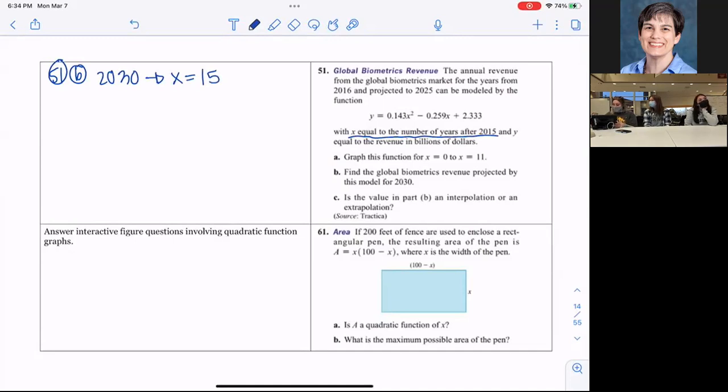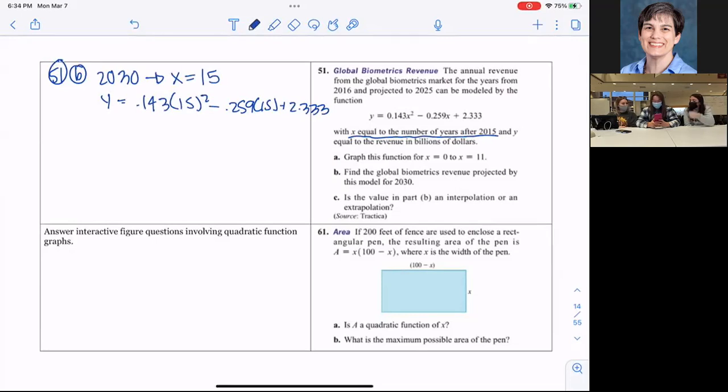Now we're just going to plug that into our equation. So y equals 0.143 times 15 squared minus 0.259 times 15 plus 2.333.